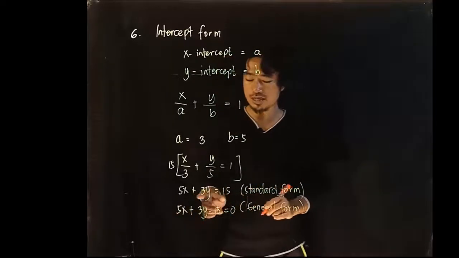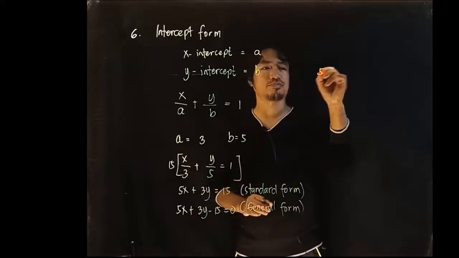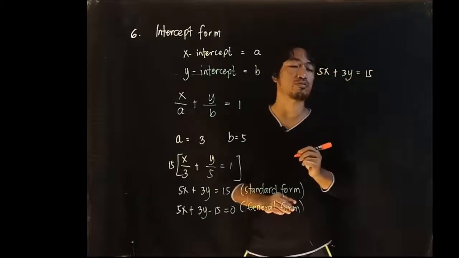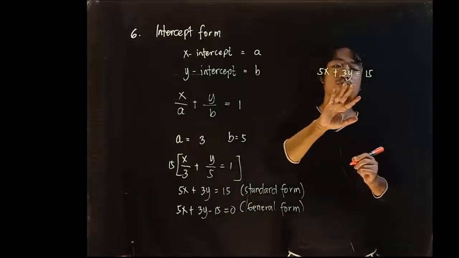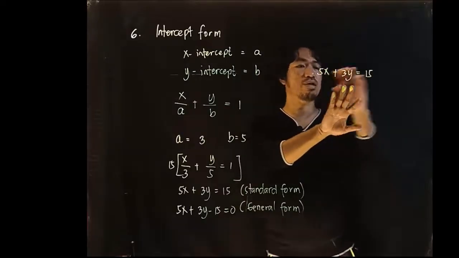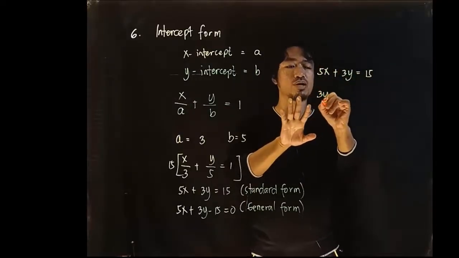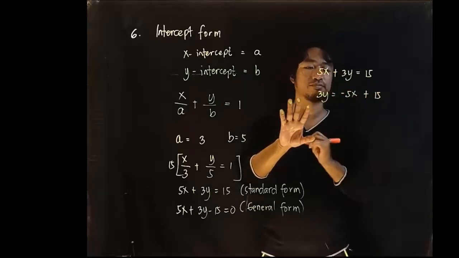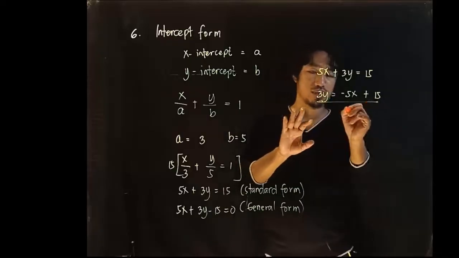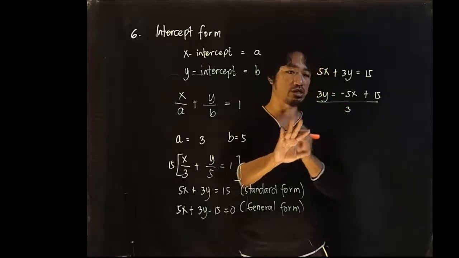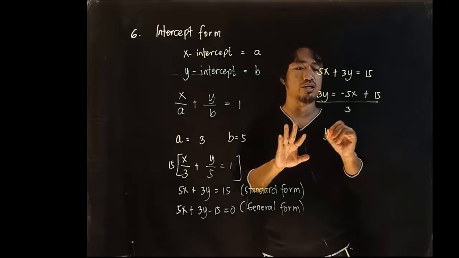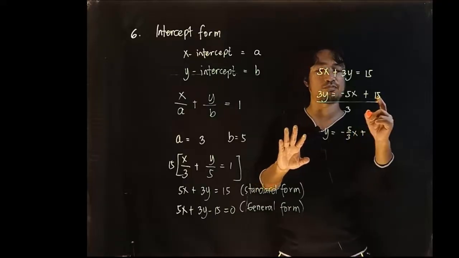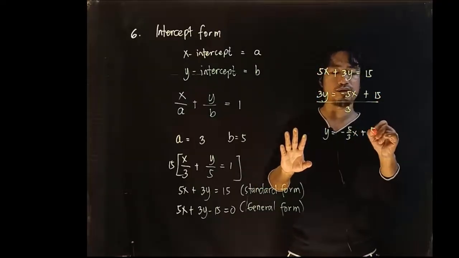And then from the standard form, we can convert this into a slope-intercept form. So transpose 5x to the right side. This will give us 3y is equal to negative 5x plus 15, dividing both sides by the coefficient of y, which is equal to 3. So y equals negative 5 over 3 x plus 15 over 3, which is 5.